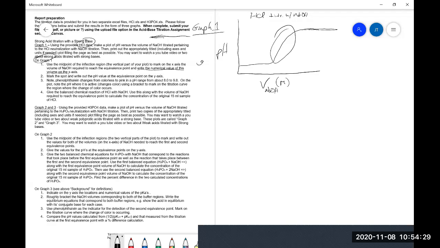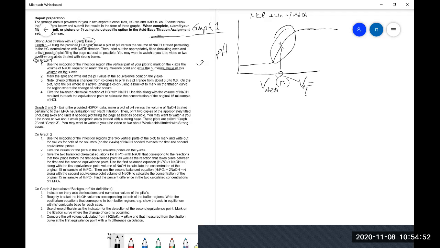So right in the middle of that, I eyeball it somewhere around there. I get a ruler on my piece of paper, drop a vertical, and then I identify what volume that is. That's the volume at equivalence point. And then I put the value in.